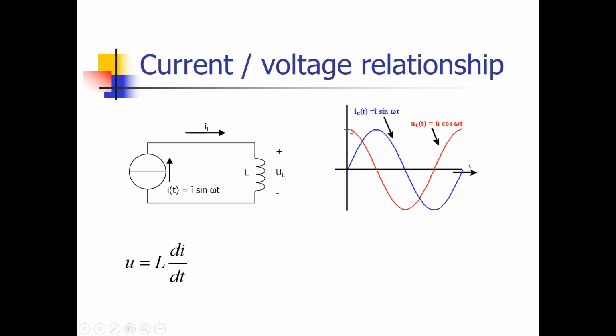This means that the top of the voltage, the red graph, is earlier than the top of the current, the blue graph.